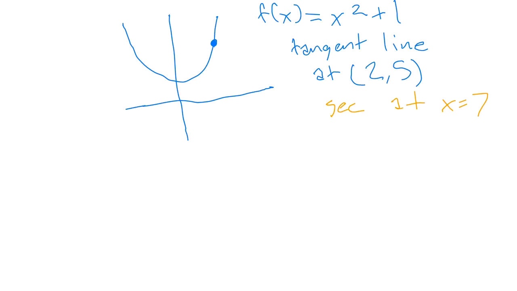So we know that f of 7 is going to be 50. That's going to be pretty far off, but once again, it's just showing the basics of how to do it. So now we have something like this.